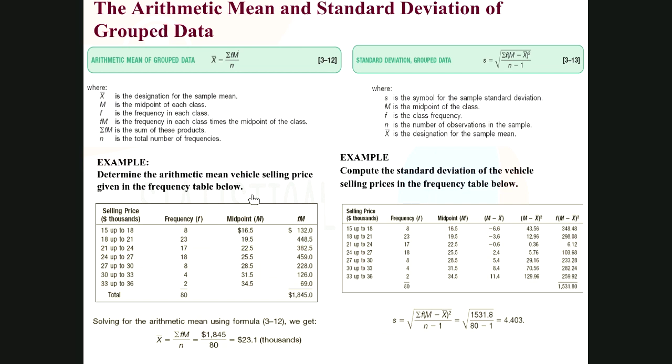Now, this is grouped because they are grouping the cost with the category of selling price. So we have 15,000 to 18,000, the frequency, the midpoint. And we have the categories from 15 up to 18, up to 33, up to 36.